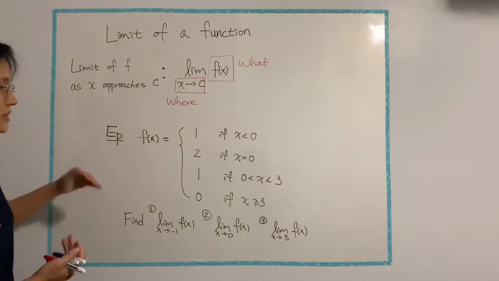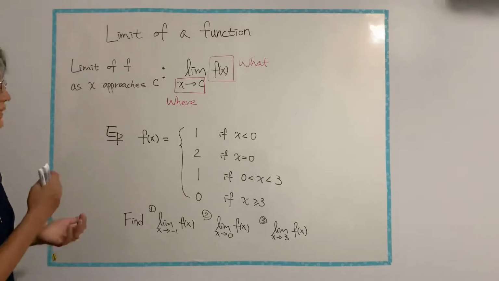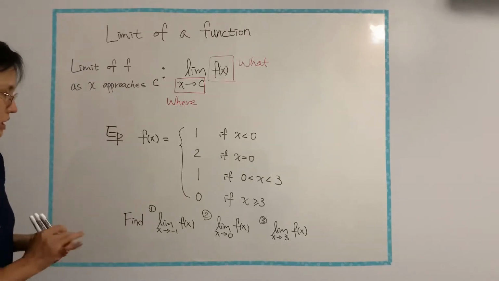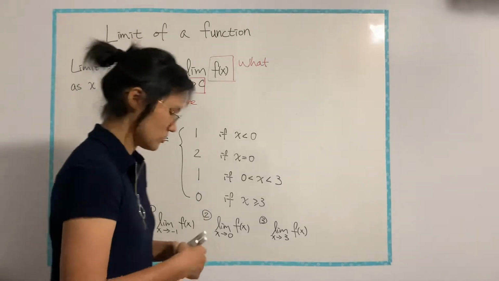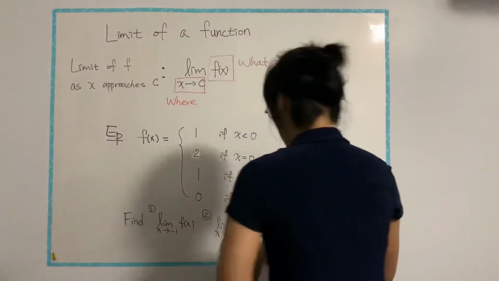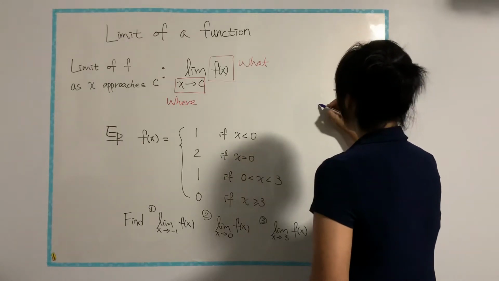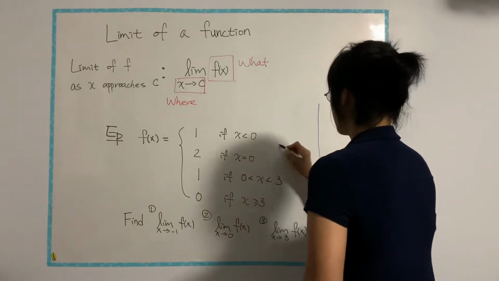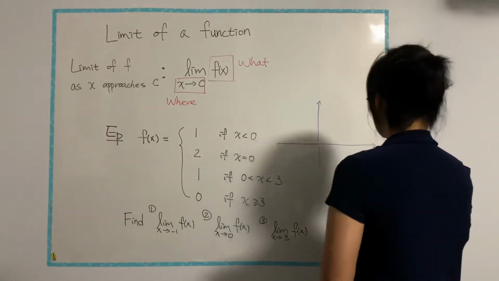We're going to use this example to see how we find the limit of a function. Before we go ahead and do evaluations, I want to sketch the graph because this will help us see the concept.